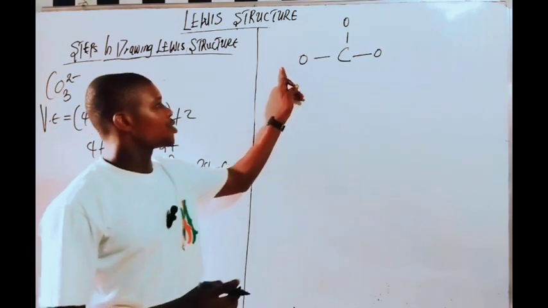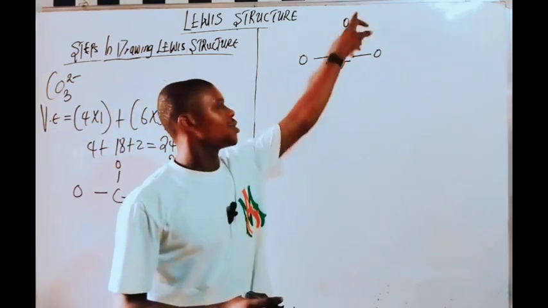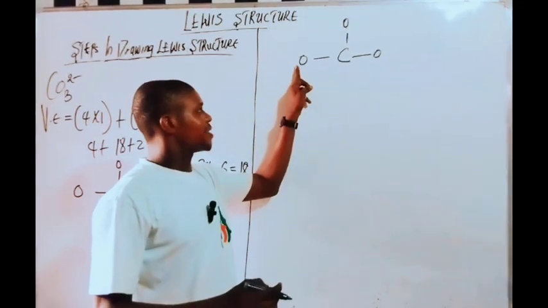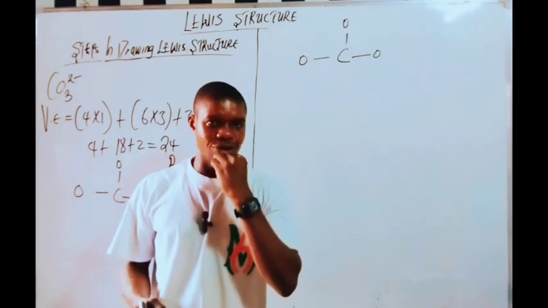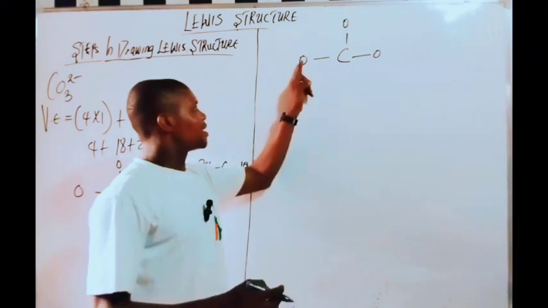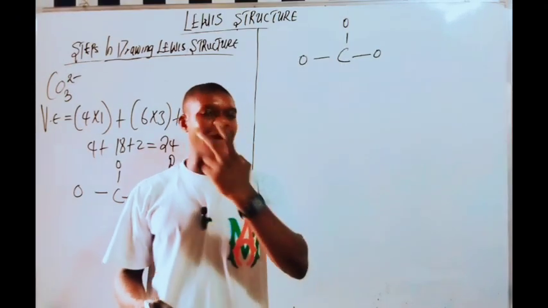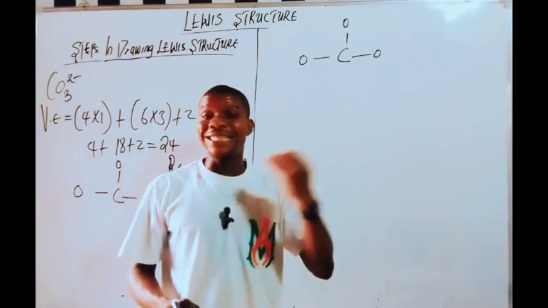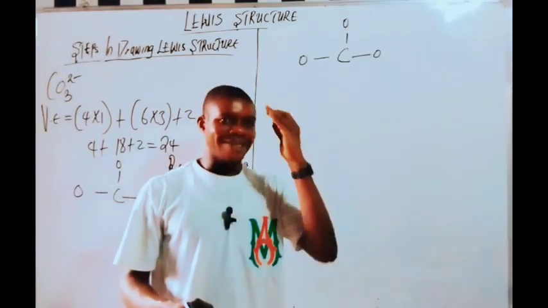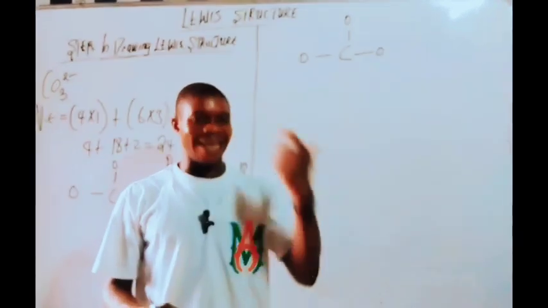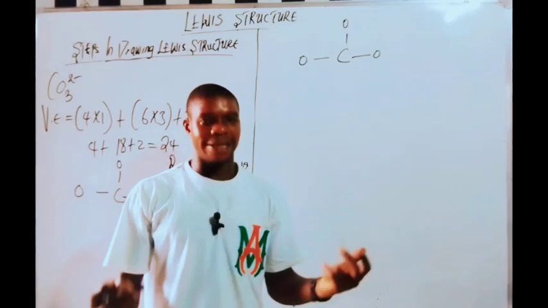Oxygen must have an octet. If you look at this oxygen here, it already has one bond, which is 2 electrons. Normally this was supposed to be 8, but we already have 2. How many electrons does it need to become 8? It needs 6 more electrons, because 6 plus 2 is 8, which is called the octet. Do you understand?